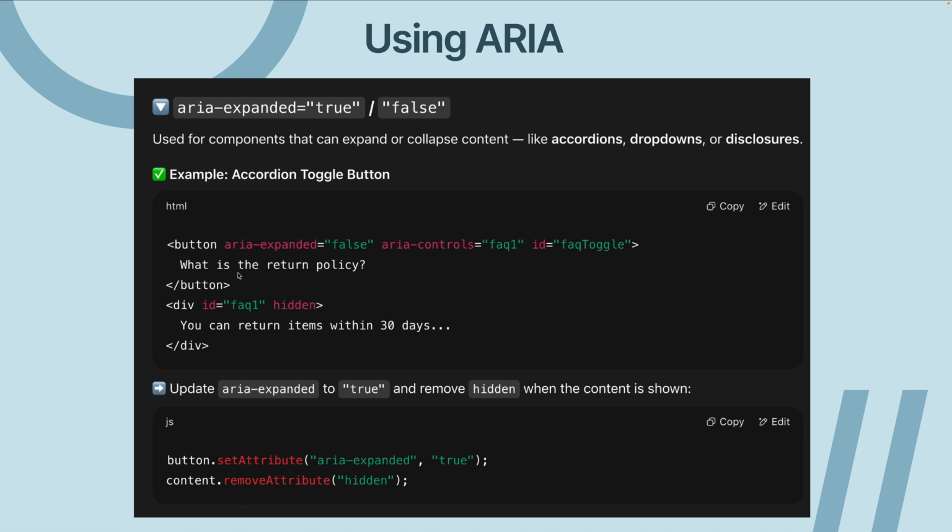So this is the header of that particular accordion, and this is the content of that accordion. Initially this will be hidden, this aria-expanded will be false, and then you can turn this to true and remove this attribute when it's closed.